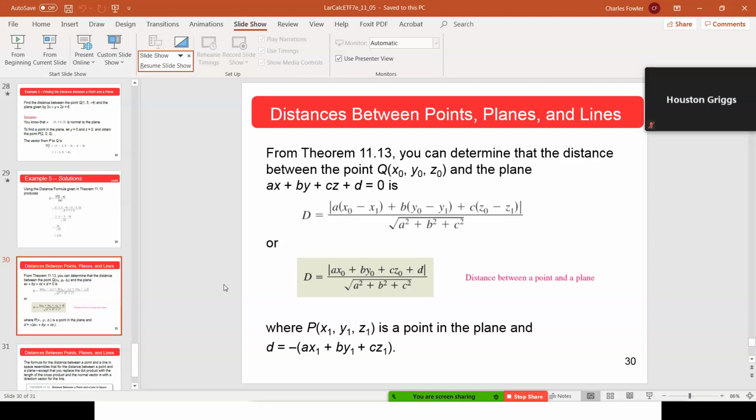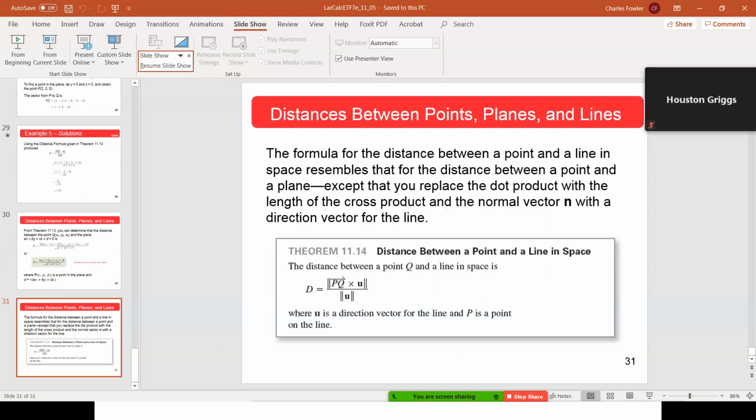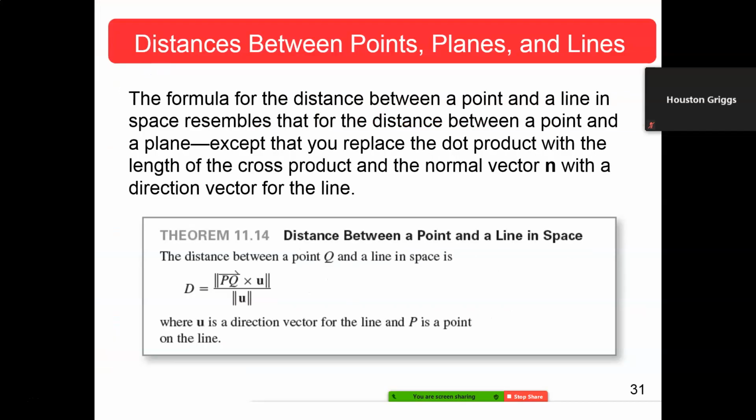That was the formula we just used, and we certainly came up with that result. And for some reason it's not resuming at the slideshow here. Okay. And this is the slide we were going to next. Goodness, my hands are cold.